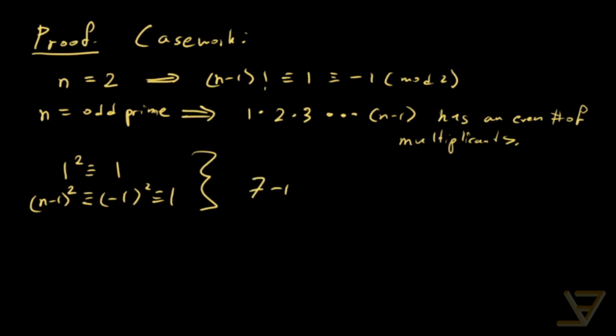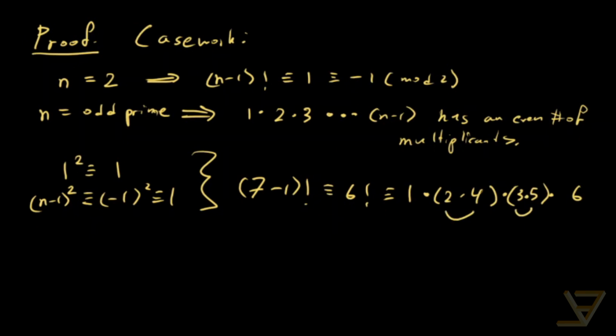If we have 7 minus 1 factorial, that's 6 factorial. And what we get is we have 1 over here, we have 6 over here, but in between we have a couple of pairs of factors. We have 2 times 4 and we have 3 times 5, and each of those are modular inverse pairs. This one is congruent to 1 and this one is also congruent to 1, modulo 7.